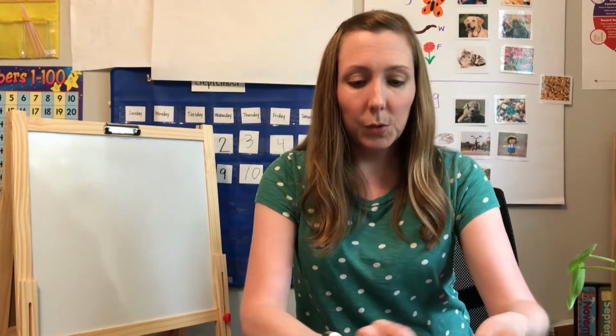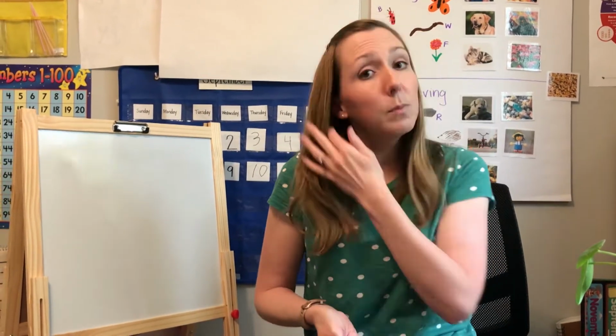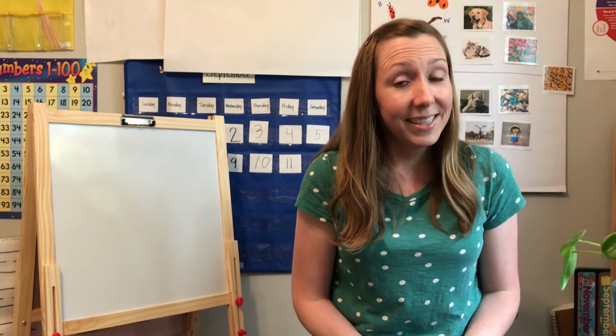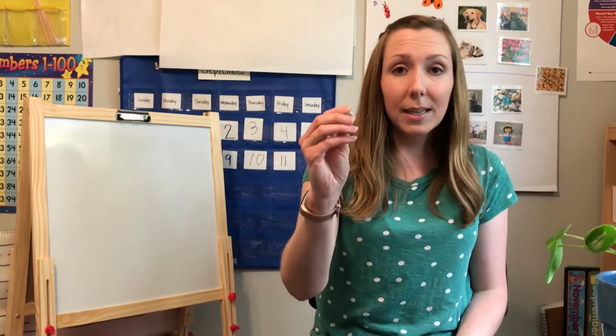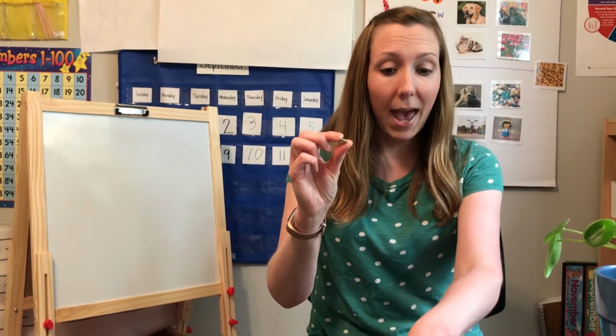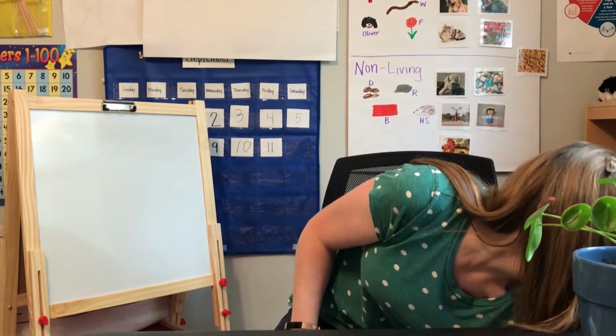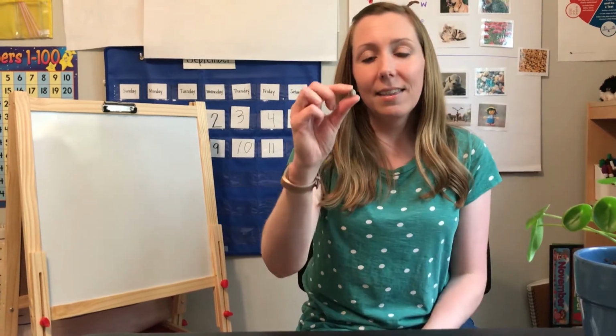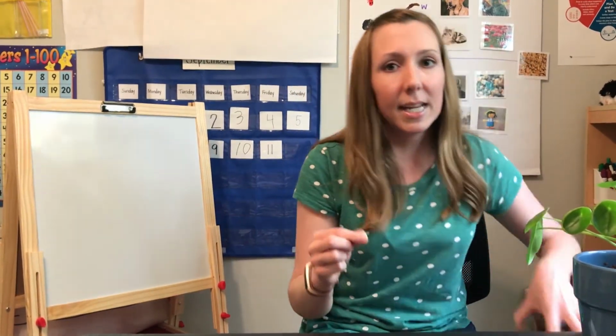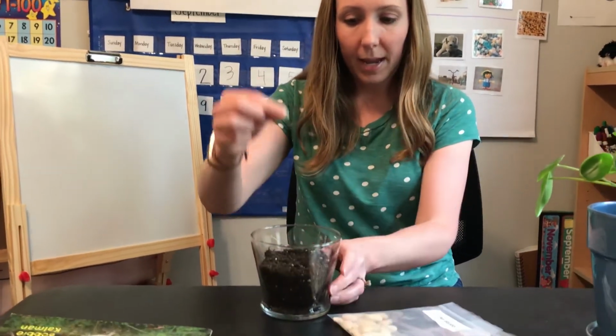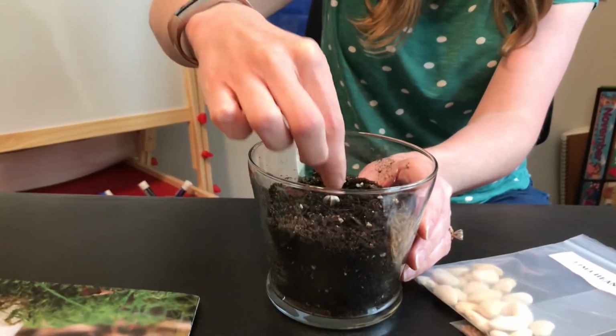And we're going to do a test. We can't do it all today because this takes a long time, but I'm going to leave some of the seeds in the bag, but then I'm also going to take this seed and I'm going to plant it in some dirt.